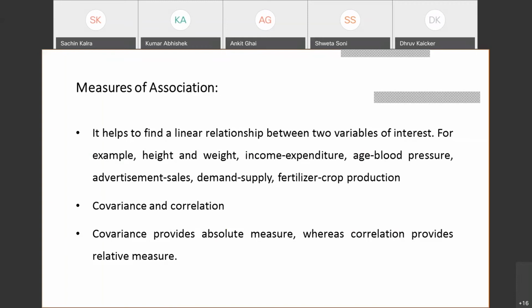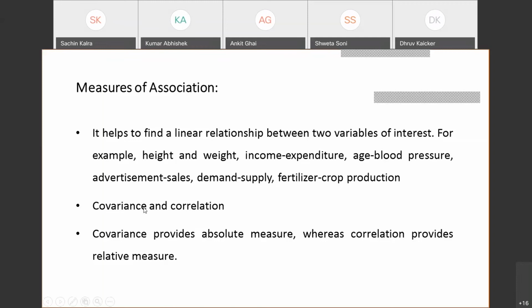We saw many examples, height and weight, age and blood pressure. And we also learned that this measure only shows that there is an association, but it does not define a cause and effect relationship like demand, supply, and whatnot.